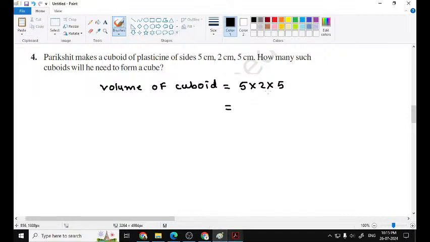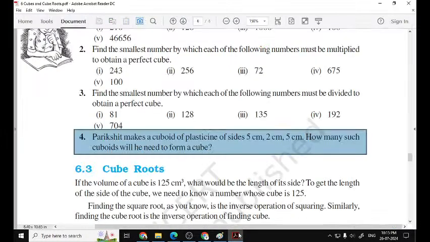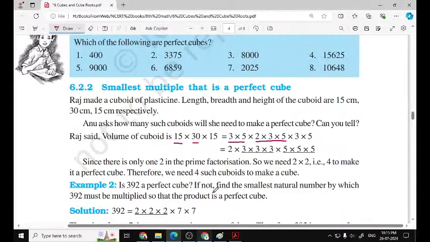Now this 5 does not form a triplet and 2 also does not form a triplet, so we need to multiply by 1 five and 2 twos to form a perfect cube.